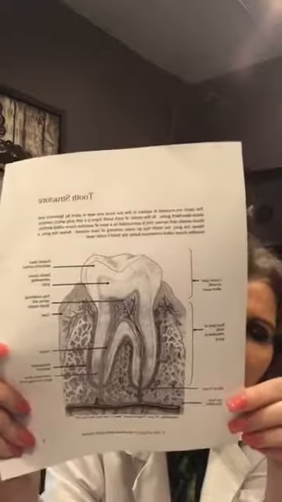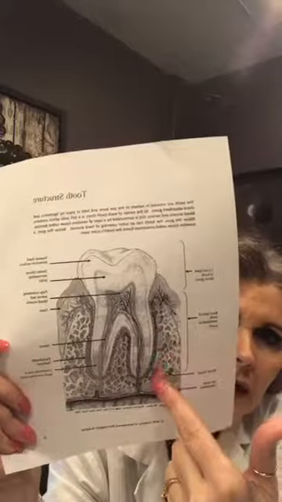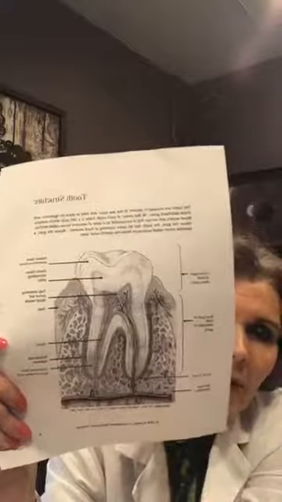So I'm going to bring this picture back up just so you can follow along. The periodontal ligament is this little piece right here, and it is what holds the tooth in the mouth. So when a tooth is removed, they just jerk it out, which is why it's painful, because it's attached. There is a nerve at the end of it, and it is attached to the periodontal ligament.